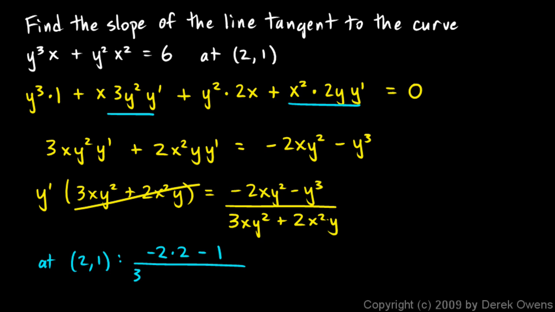And all that is over 3 times x, which is 2, times y squared, which is 1, plus 2 times x squared, which is 4, times y, which is 1. So this will be negative 5 over 6 plus 8. So negative 5/14 is my answer.